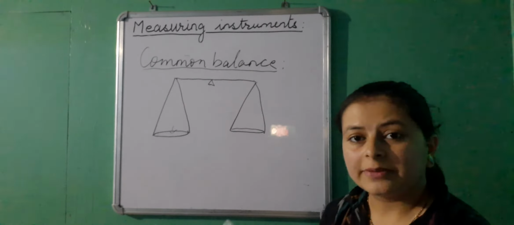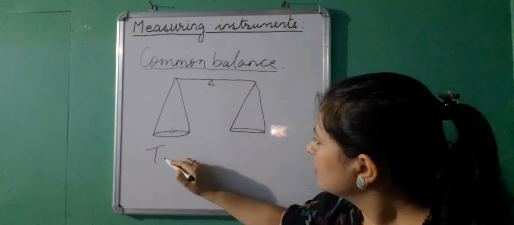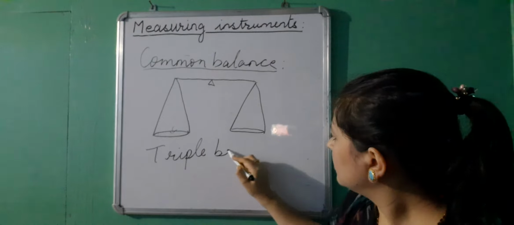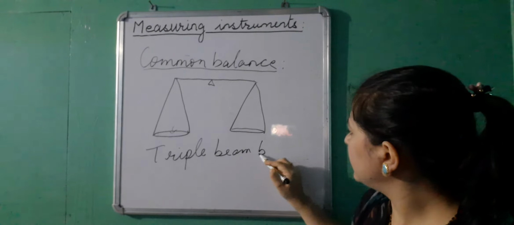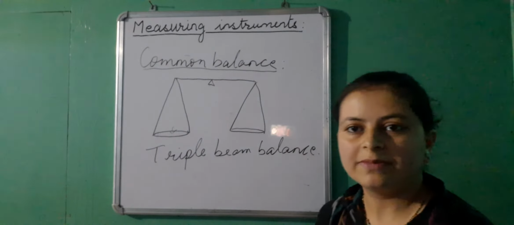And in the laboratory, we use a special type of balance called triple beam balance, which is used to measure the amount of chemicals that we use in the chemistry lab commonly.